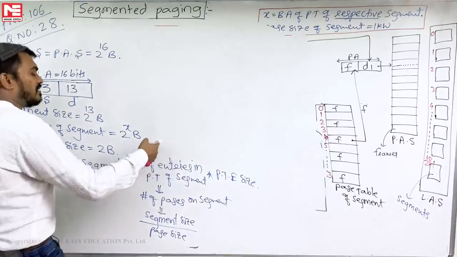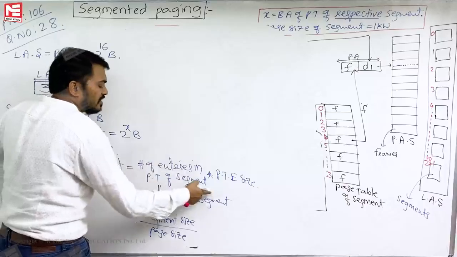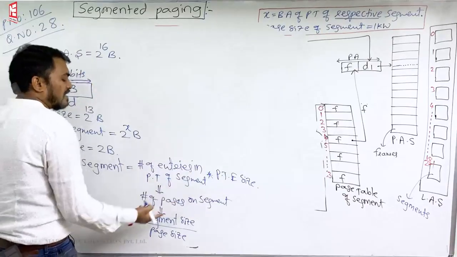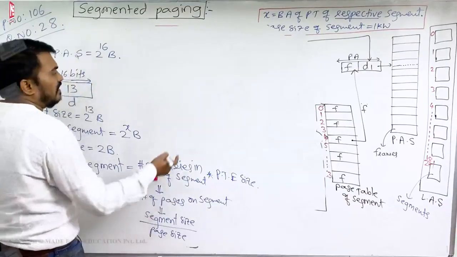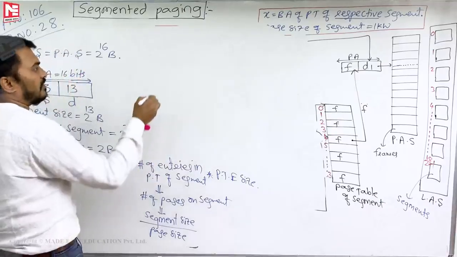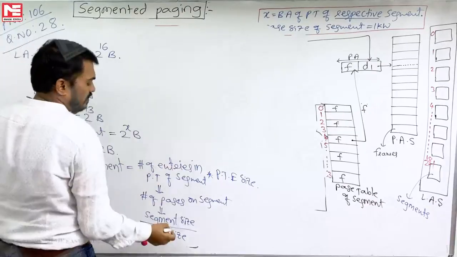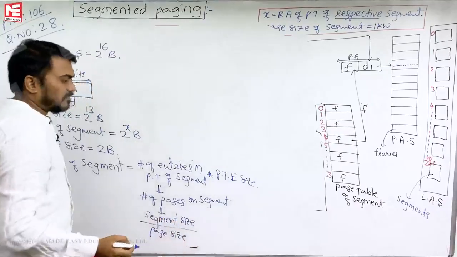So the number of entries is the same as the number of pages of segment, which comes as segment size divided by page size. Now I am writing here, so continuation.